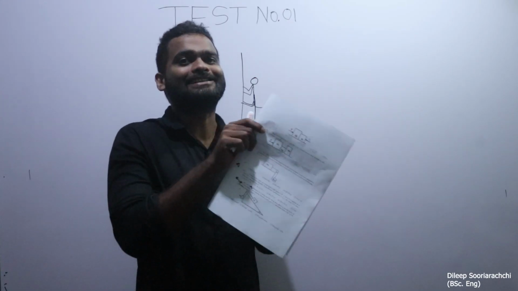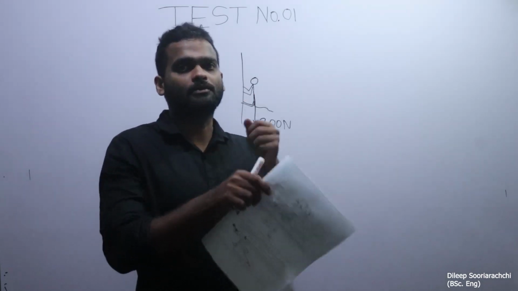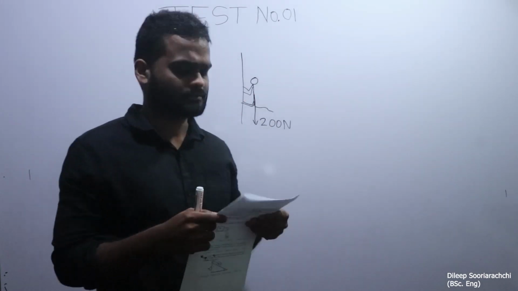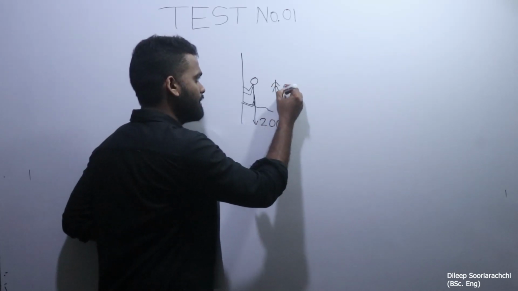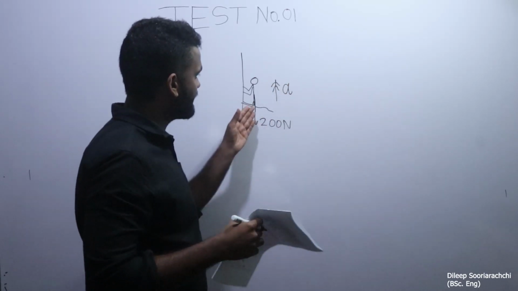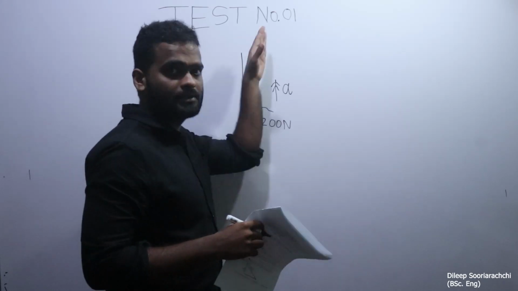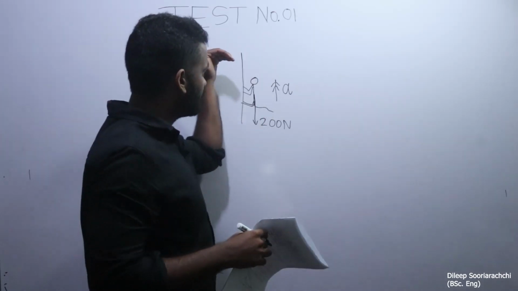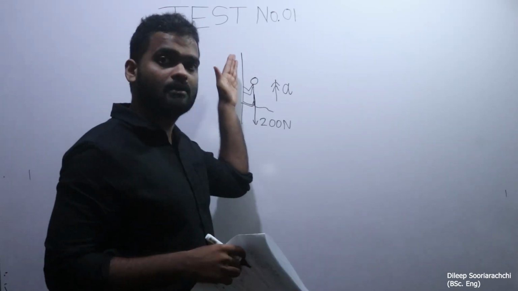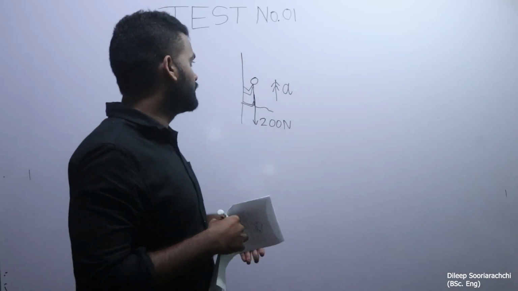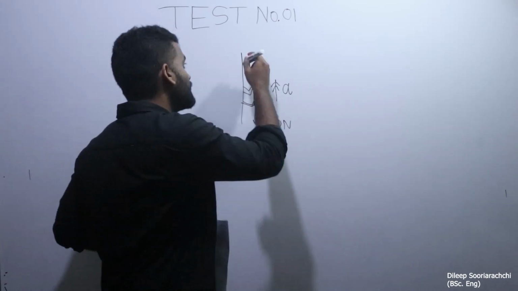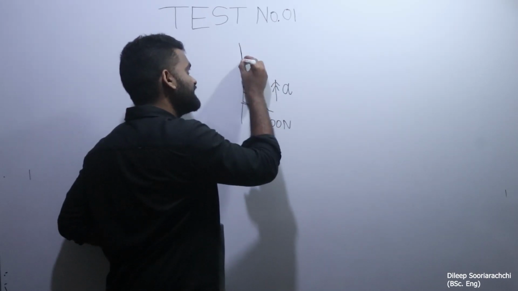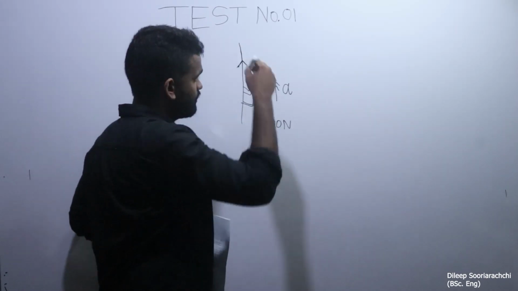So here the monkey is moving along the rope, holding on to it. So they are asking the maximum acceleration that the monkey can move along the rope so that the rope would not break. If it is a maximum acceleration, that should be the maximum tension of the rope.